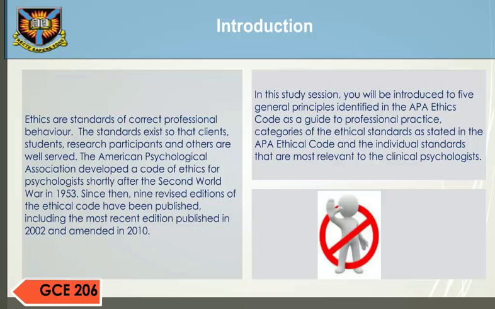In this study, you will be introduced to 5 general principles identified in the APA Ethics Code as a guide to professional practice, categories of the ethical standards as stated in the APA Ethical Code, and the individual standards that are most relevant to the clinical psychologist.